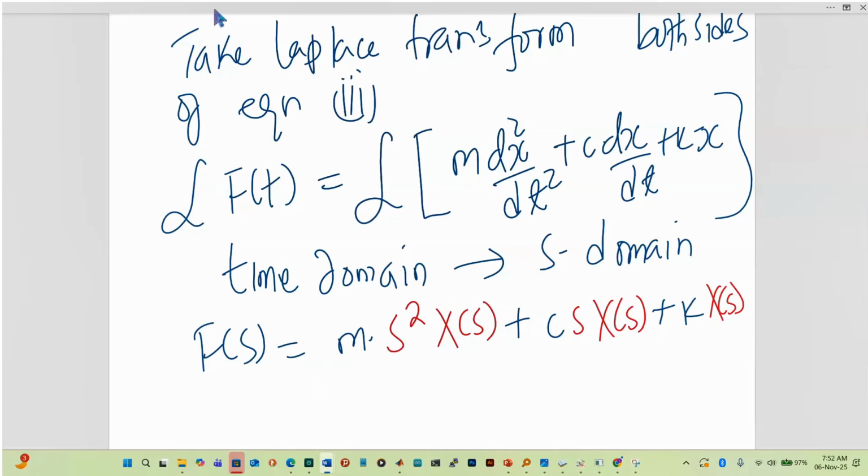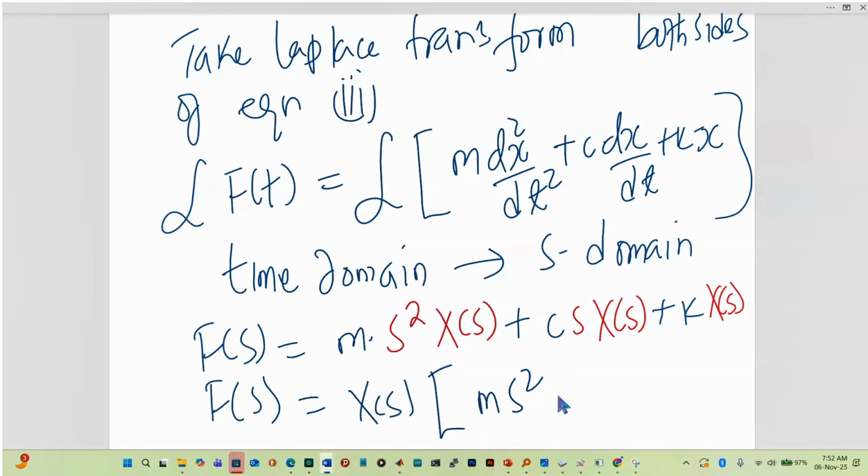So I'm just going to factorize out X of s. This becomes X of s into (m s squared plus c s plus k).